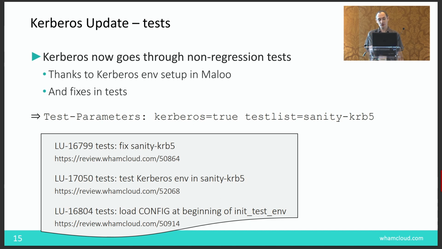So if you use the following test parameter options, you can run sanity-krb5 in Maloo. So it means that now at least it's tested in our regular testing environment, and the goal is to have that in a new test session, or maybe an already existing one, but optional at first, so that it's tested for every new patch being submitted.